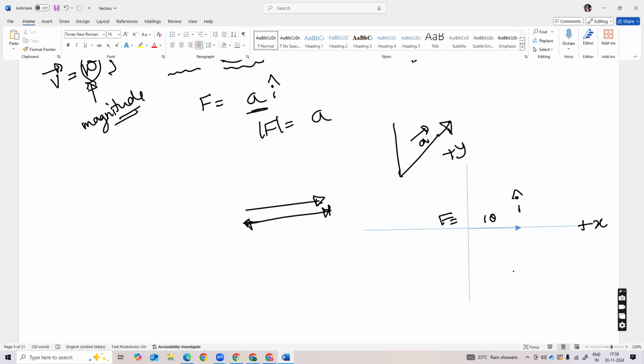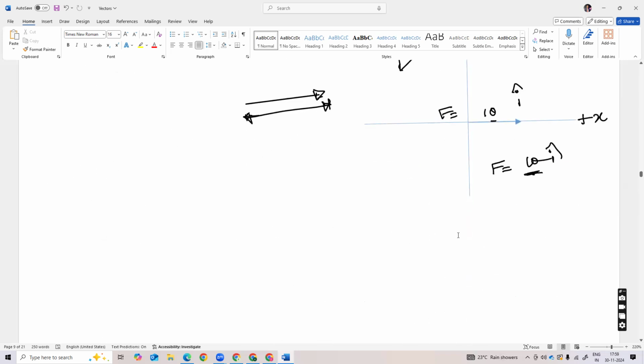If you write F is equal to 10 i, then this part is showing the length of your vector, and this is the magnitude, because it is pointing in plus x direction. There is no other component present, so this is itself the magnitude of this vector.